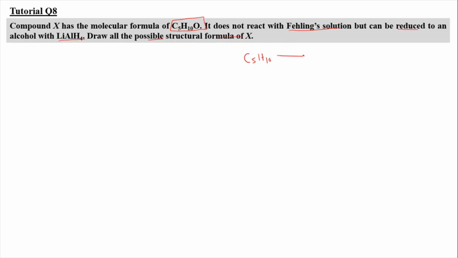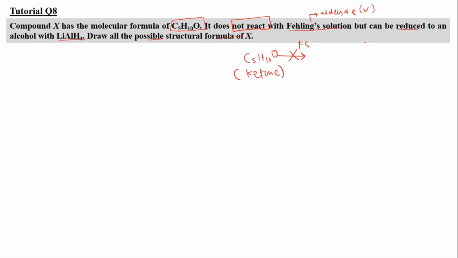It does not react with the Fehling solution. Okay, so Fehling solution is used to detect the presence of aldehyde. So if it is positive, meaning if it reacts, it means it is an aldehyde. But in this case, it does not react. So it shows that the C5H10O here refers to a ketone.